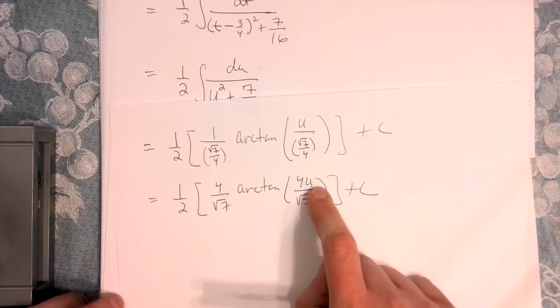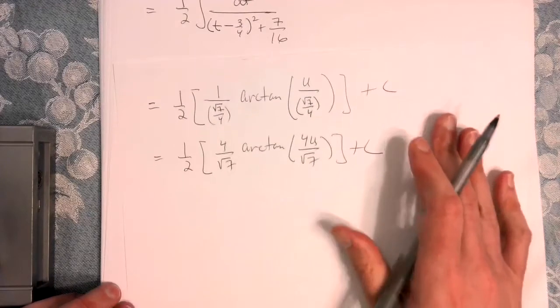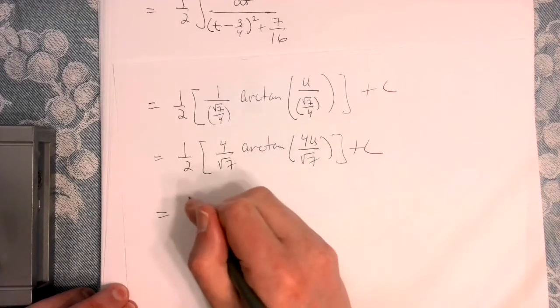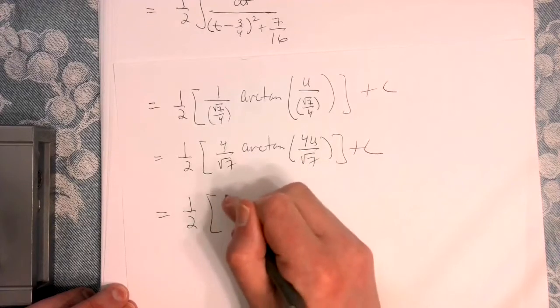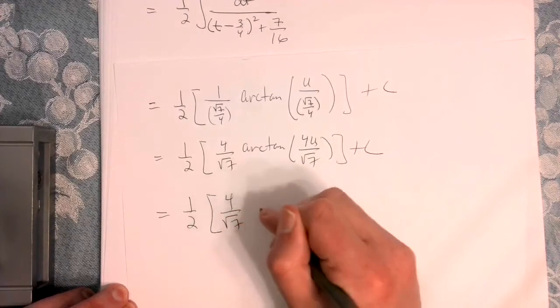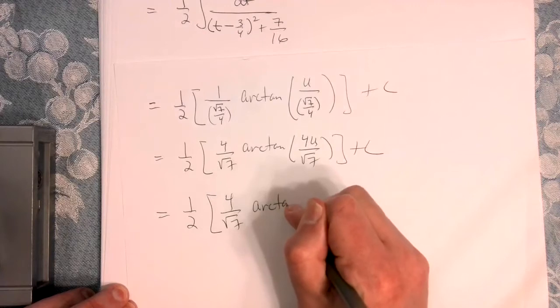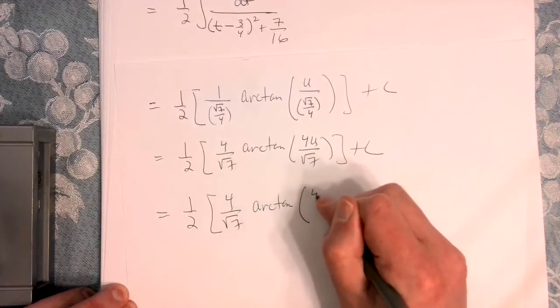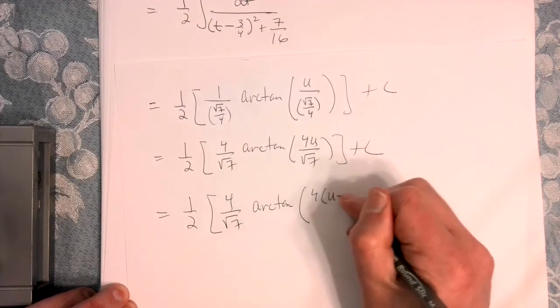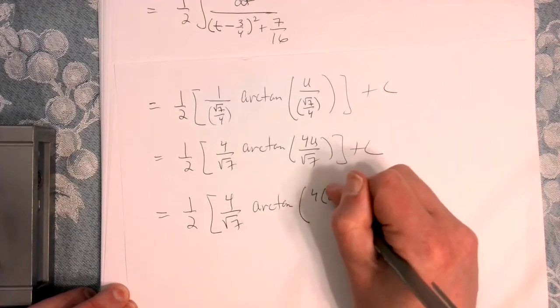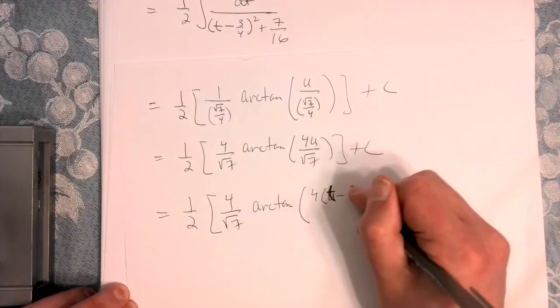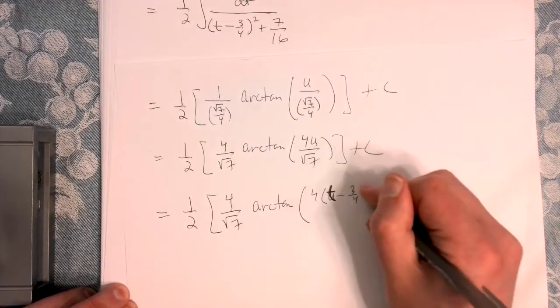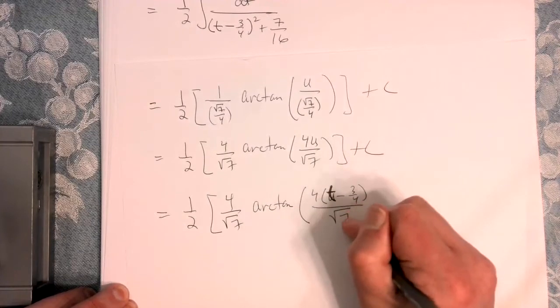So we're going to plug in u and then go ahead and plug in t. So this is 1/2. We've got 4 over radical 7. Arctan of 4 times u. Oops, u was t, not u. So u was t minus 3/4. So t minus 3/4 there, over square root of 7.